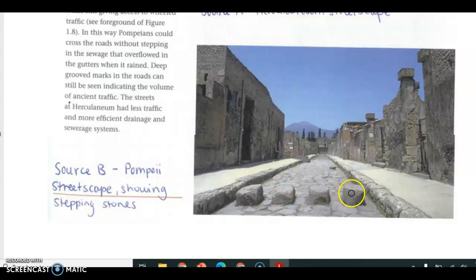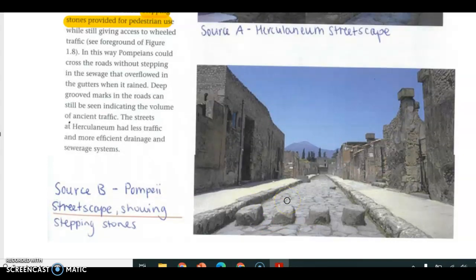So if it was a rainy day, they're not having to step down in this wet area, they can cross the road. And the stepping stones also allow for traffic. Wheeled carts could go either side of the stepping stones as well. So it's pretty clever technology. Pedestrian stepping stones, but still giving access to wheeled traffic.